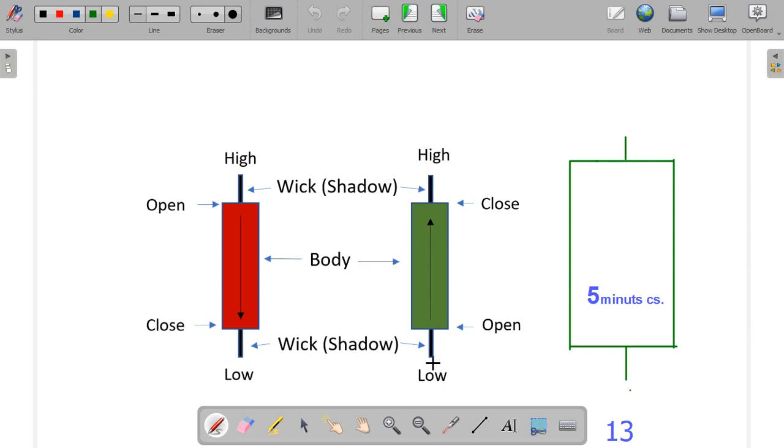Friends, I must tell you here that candlestick can be 5 minutes candlestick, can be 10-minute candlestick, can be 15 minutes, 1 hour, 1 day, 1 week, 1 month. Irrespective of the time frame, in candlestick charts, this is actually your bullish candle. So the open will be here, and see now what is happening. This is I am drawing for your convenience.